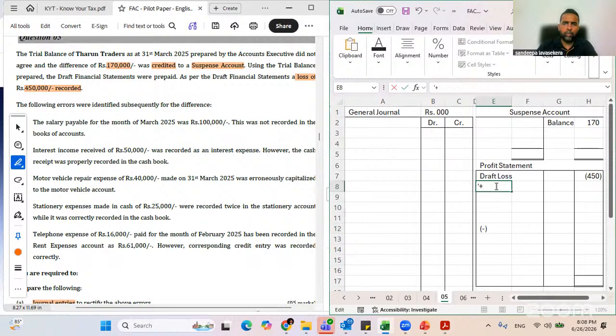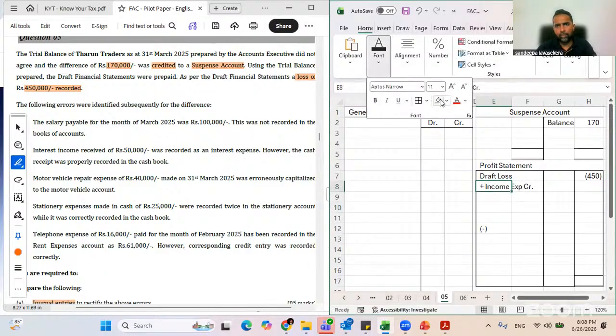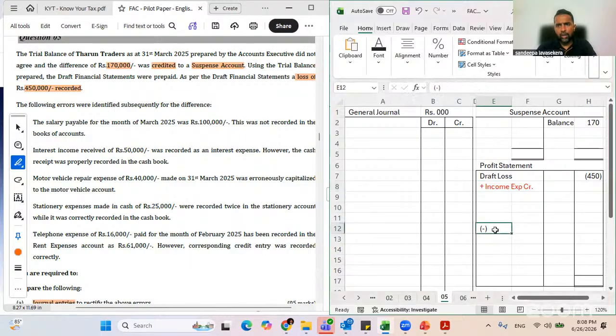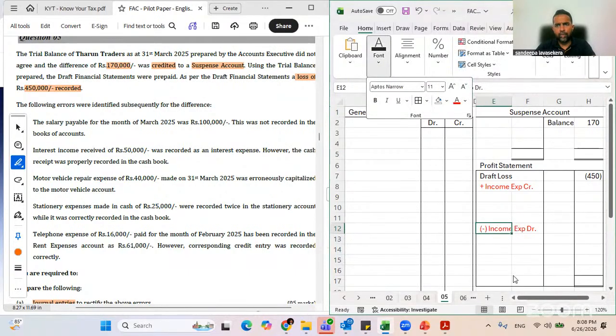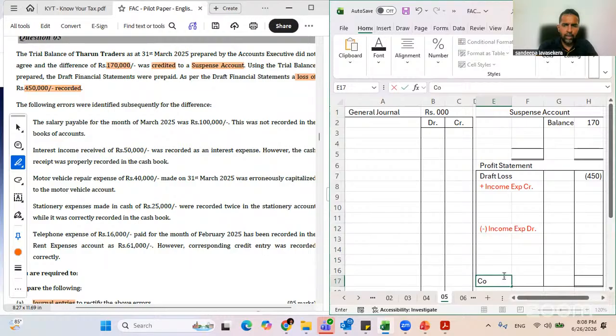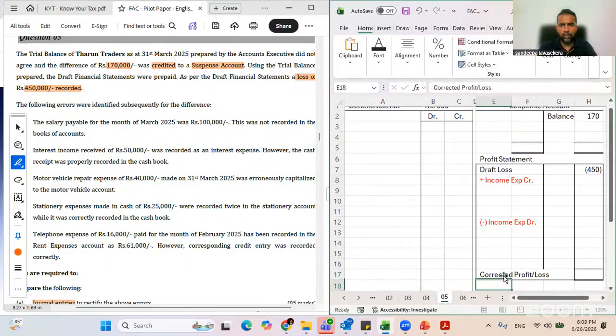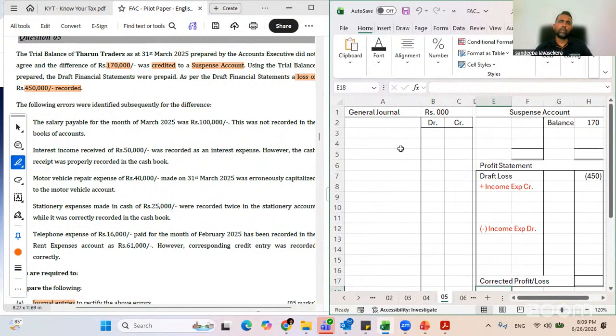Always remember, what you are going to plus is basically the credits, your income and expense credits. And what you are going to deduct is income and expense debits. Accordingly, you will arrive at the corrected profit. Right.